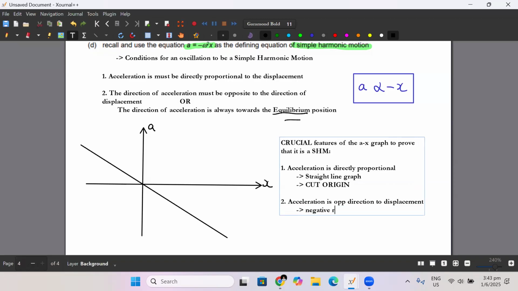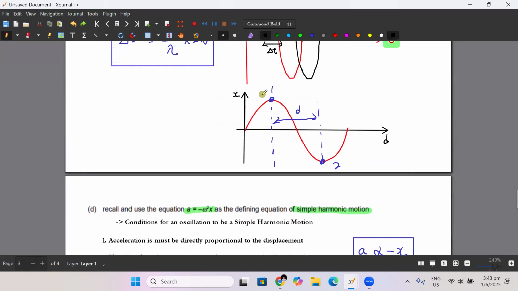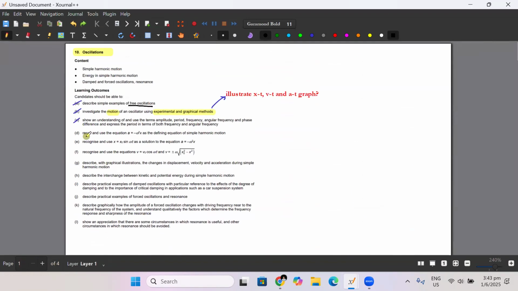So you get a negative gradient graph. Okay, a negative straight line graph cutting through the origin. So yeah, if you see this in the exam, then you can say, okay, pass. This is considered simple harmonic motion. Okay, so yeah, done with objective D.